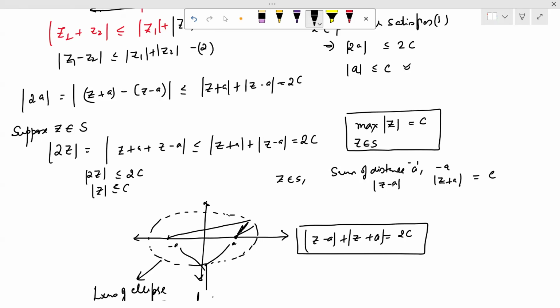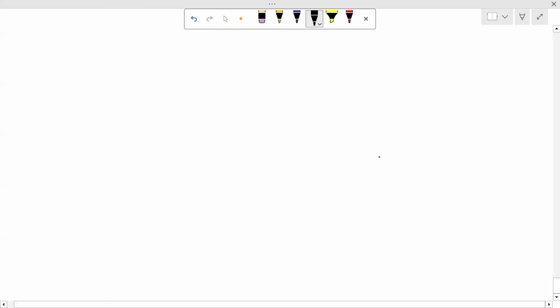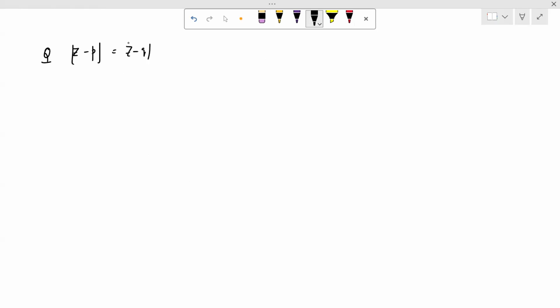Yes, sir. Now, what about this? You have already found all these things, I think. We've already found that modulus of Z minus P is equal to modulus of Z minus Q. It implies that Z lies on the perpendicular bisector joining points P and Q. Fine, that is done.